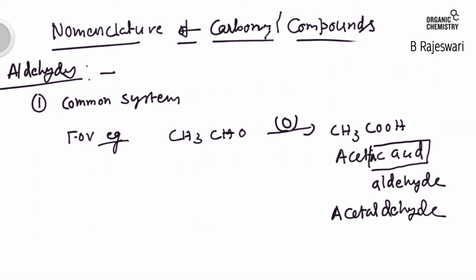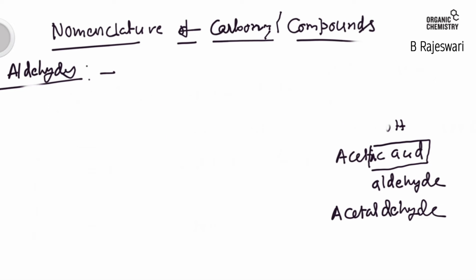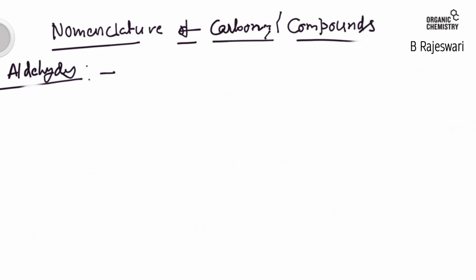Now let us discuss the second system, that is IUPAC system. According to this system, the names of aldehydes are obtained from the names of corresponding hydrocarbons.